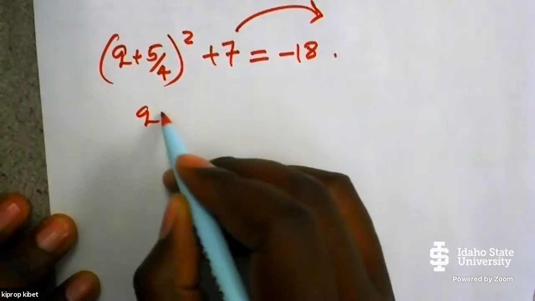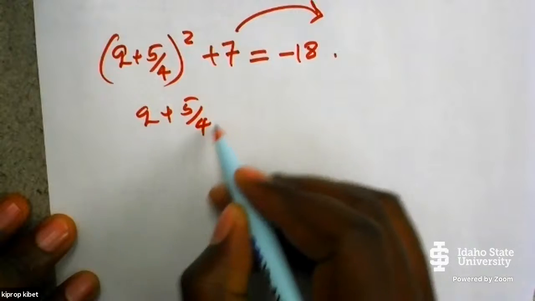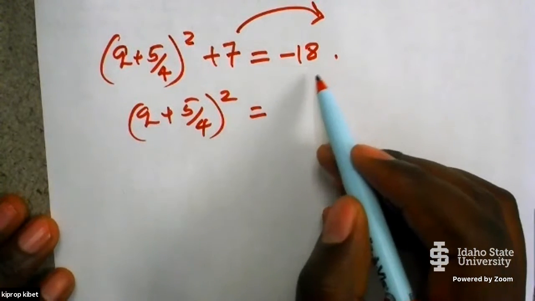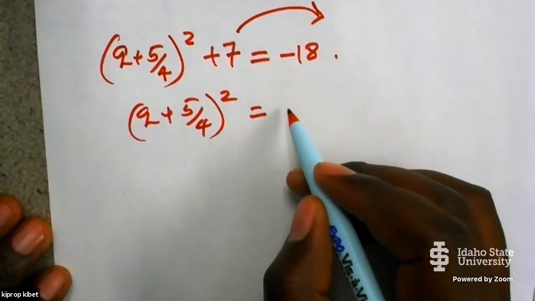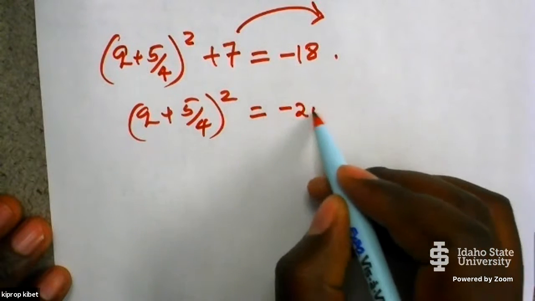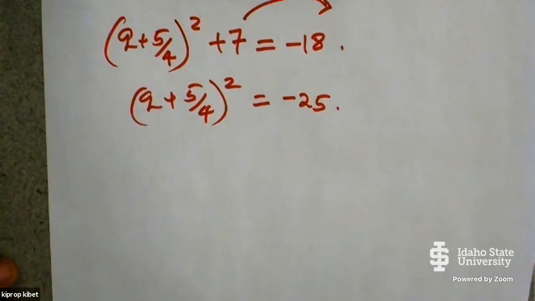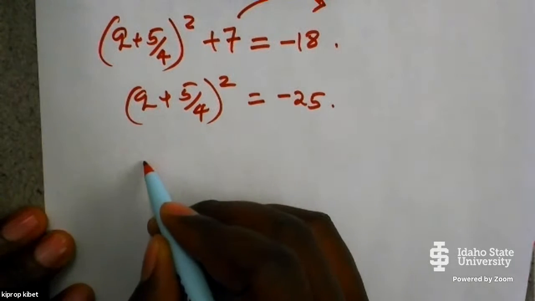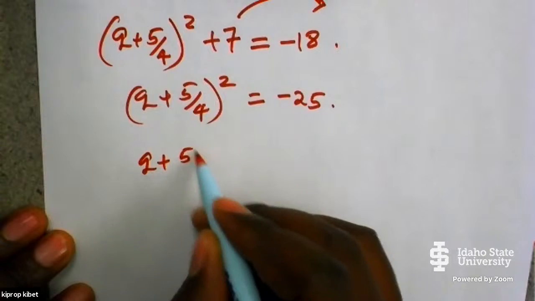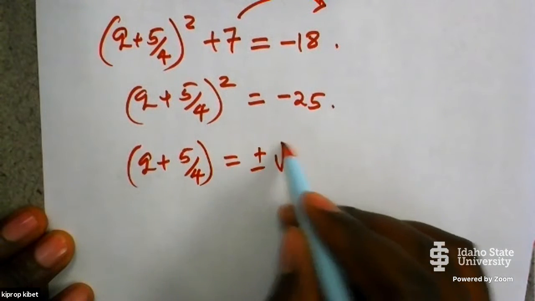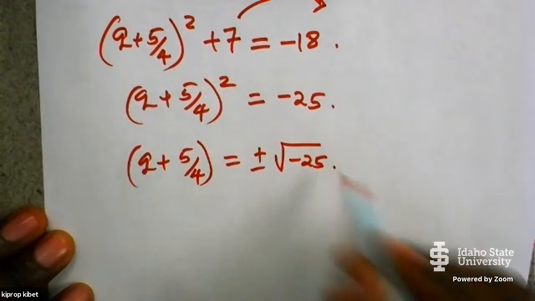So q plus 5 all over 4, squared, equals minus 18 minus 7. So negative 25. Then now you remove the square. So using the square root property, q plus 5 all over 4 equals plus or minus the square root of minus 25.